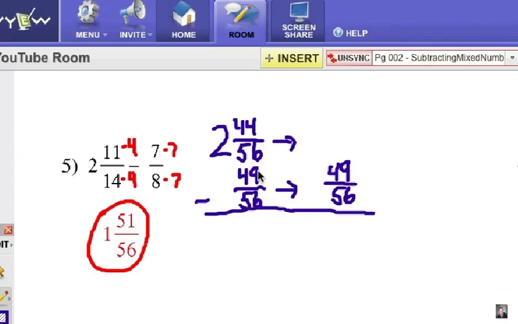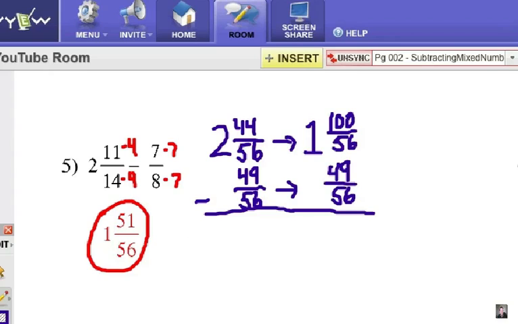Again, the bottom fraction is too big. I can't subtract there, so I have to borrow. The 2 whole number becomes 1, and I add those 2 numbers together to give myself 100/56. That's the shortcut when you borrow. And now we subtract and get our final answer.